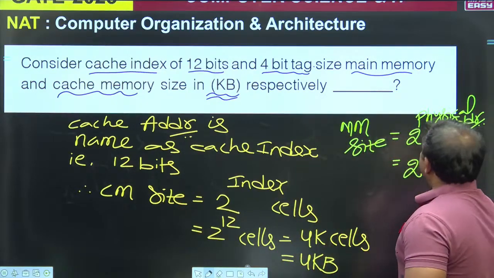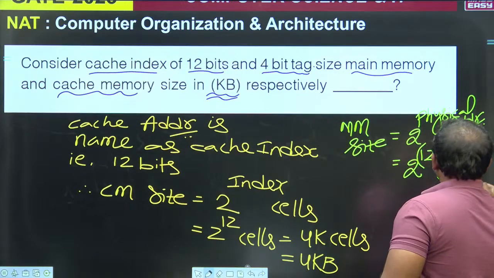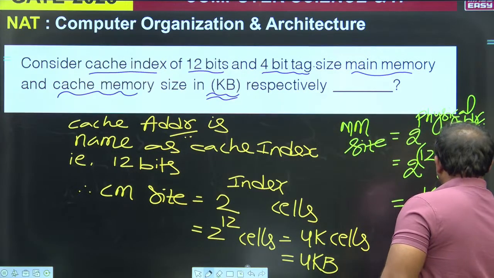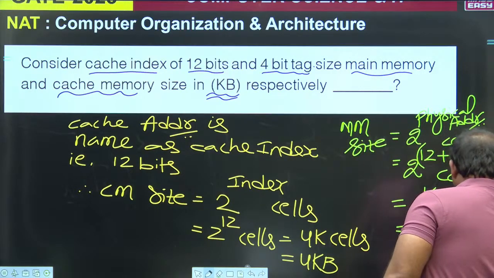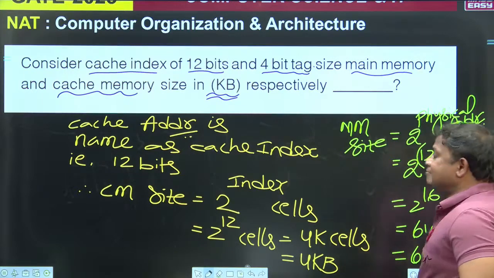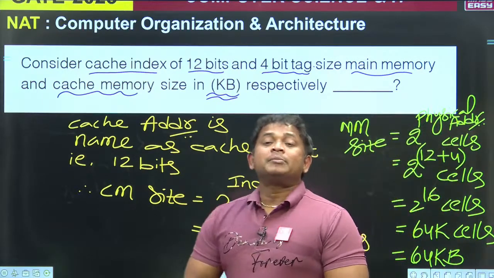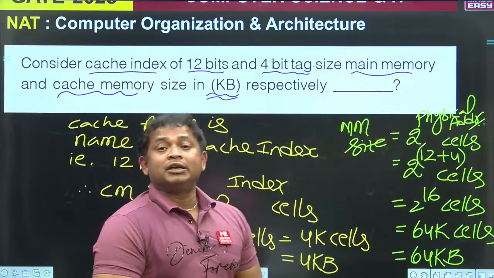So 2 to the power of 12 plus 4 cells becomes 2 power 16 cells. That becomes 64 kilo cells. By default the cell size is 1 byte, so this becomes 64 KB. So the main memory capacity is 64 KB and the cache memory capacity is 4 KB.